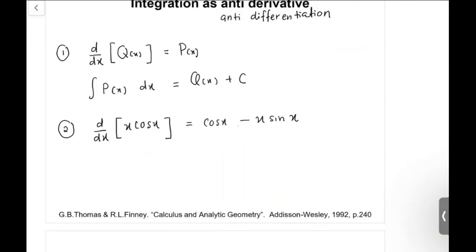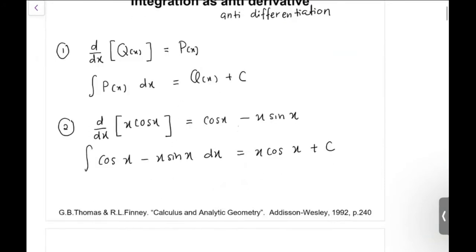So, the reverse process of this means if we want to integrate cos x minus x sin x with respect to x, so dx, even though you don't know the process, straight away you would know that our answer would be x cos x plus C. And that is basically the relation.